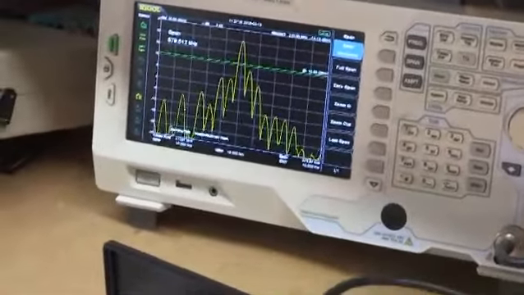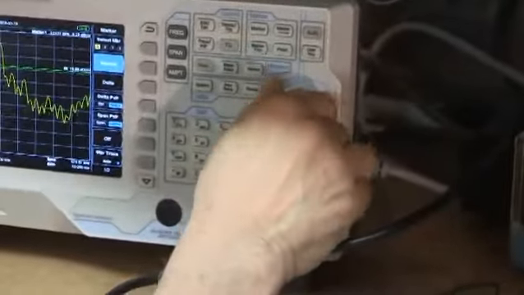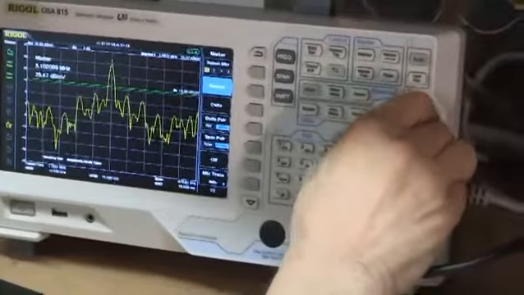So now if we just take another one to show you that it's hitting well, 30594. So we just take the marker and go to 30.